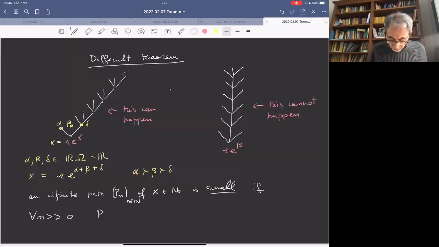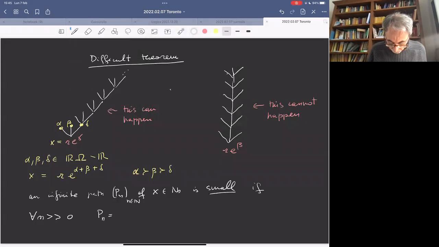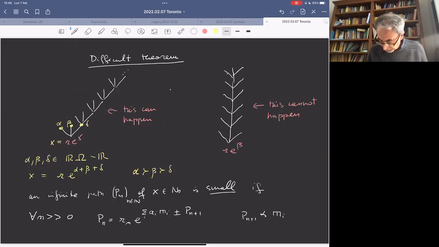So if for every big enough n, Pn is equal to Rn e to some exponent, the exponent will be purely infinite, something like a sum of some real numbers, let's call them ai, times some monomials mi, plus or minus Pn plus 1, where Pn plus 1 is small, namely it's smaller than all the other terms appearing at the same level.